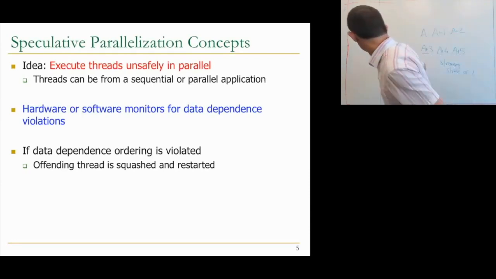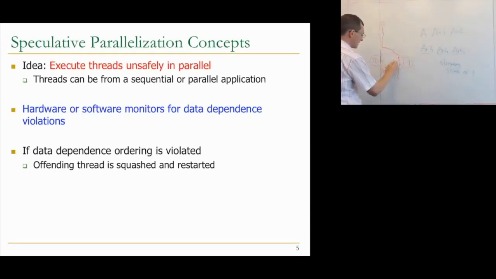This is one form of data dependence speculation, that violation. It may be that this thread does a load, and this thread may be logically earlier in the program, and it should have done a store, and this thread did the load earlier, but the other thread does the store later. This thread got the wrong data value because it did the load much earlier because it was executed in parallel. If it were not executed in parallel, this load would have been done later than the store.